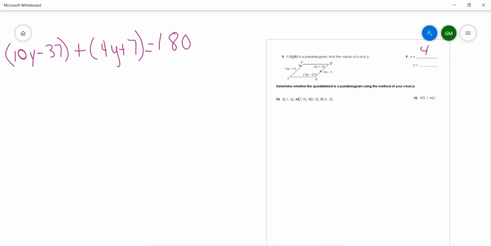All right. And now we're going to combine like terms. So we've got 10y and 4y. So that's going to give me 14y. And negative 37 and plus positive 7 gives me negative 30 equals 180. And now we're going to add 30 to both sides.